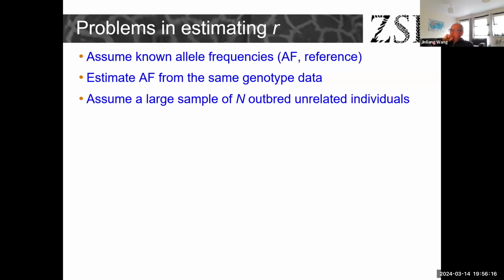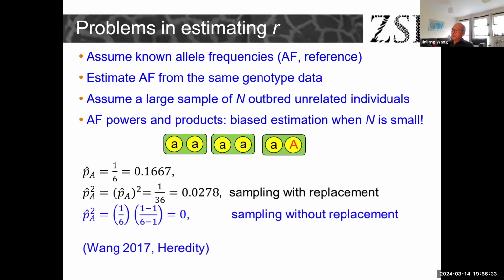So in the calculation, we assume the sample is large and the individuals are non-inbred and unrelated. Only under this assumption can we calculate allele frequencies by allele counting. For example, I'll show you a very simple example.